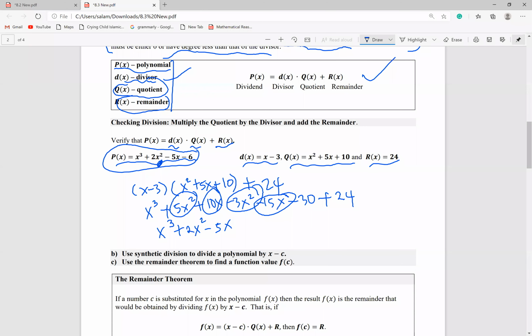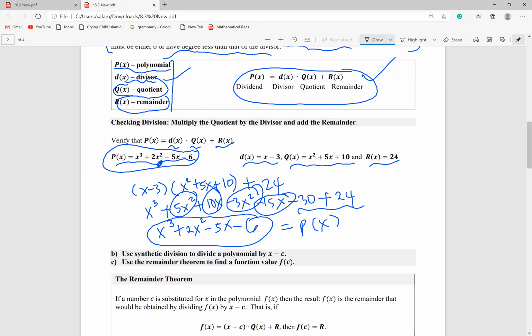Then we have negative 30 plus 204, which is negative 6. And you see that this is exactly equal to p of x. Like I said, this is actually the fact, and it's going to help us with what we call the remainder theorem. So now we're going to proceed to the remainder theorem.